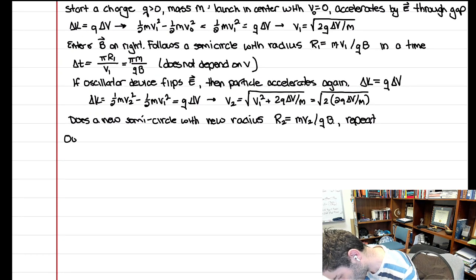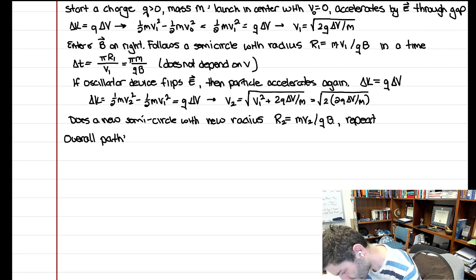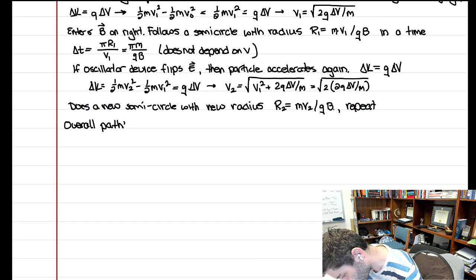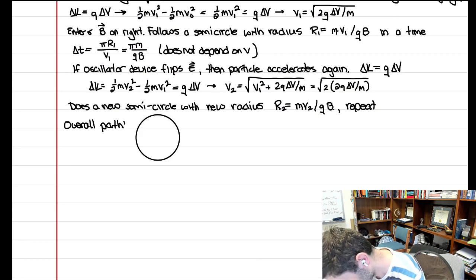So the overall path, if I draw it like that, might start here and then it does something that looks like this.